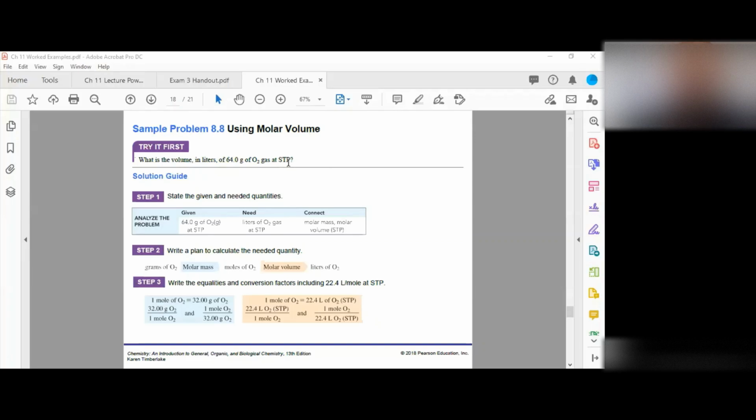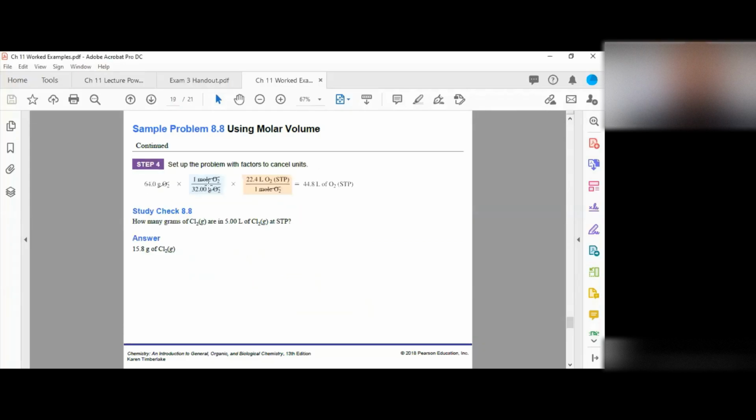So you could do the PV equals nRT to solve for this, or you could use the molar volume, which is a conversion factor that tells me 1 mole of anything occupies a volume of 22.4 liters. So once I get the number of moles of the 64 grams using the molar mass, right away I can use the molar volume.